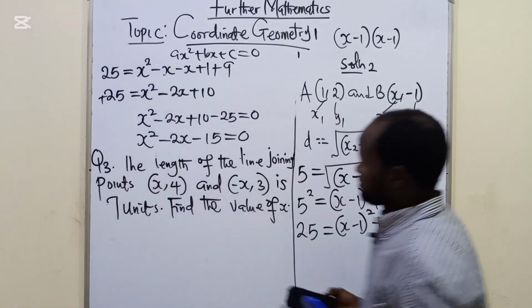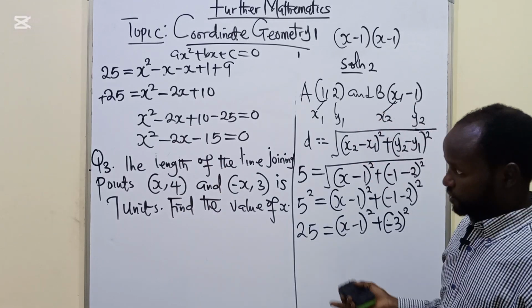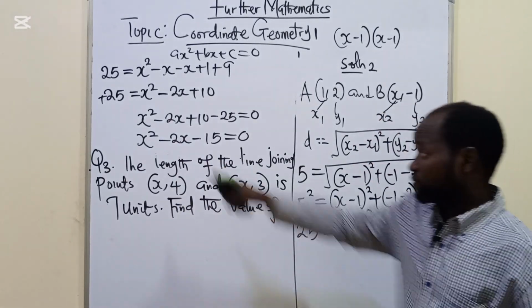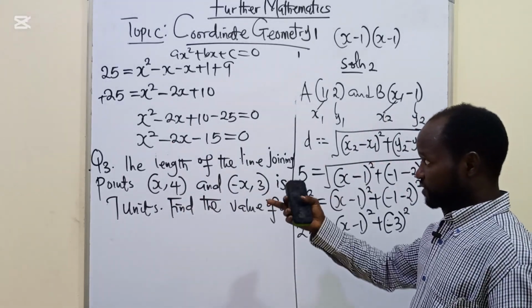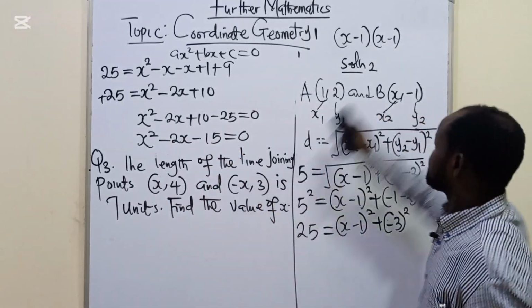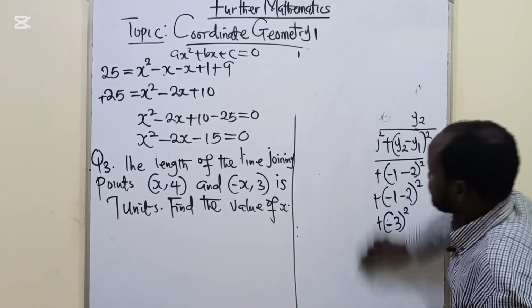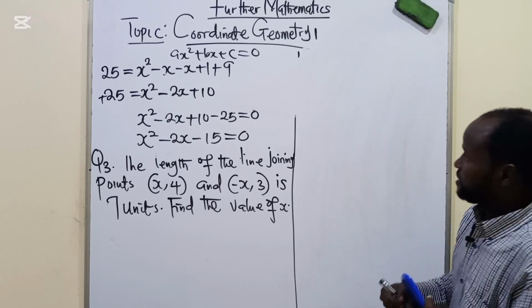Can we factorize this? What are the two factors of 15 that can give us -2: -5 and plus 3? Because -5 plus 3 is -2, and -5 times 3 is -15. We are asked to find the values of x.